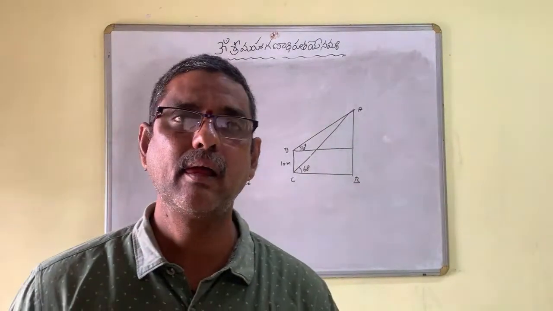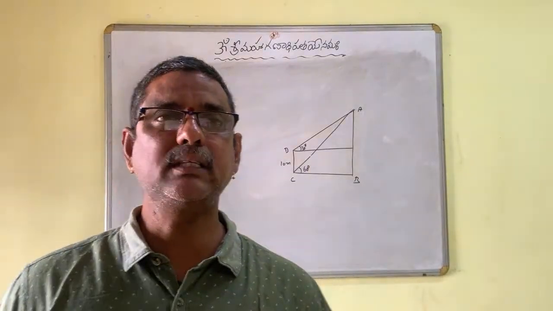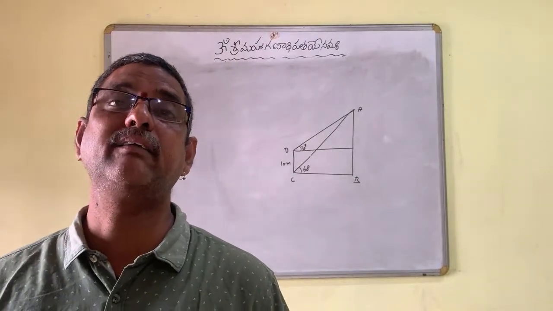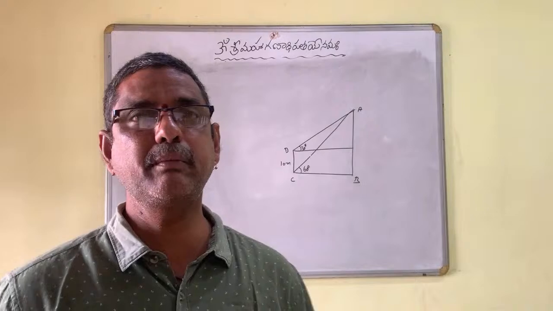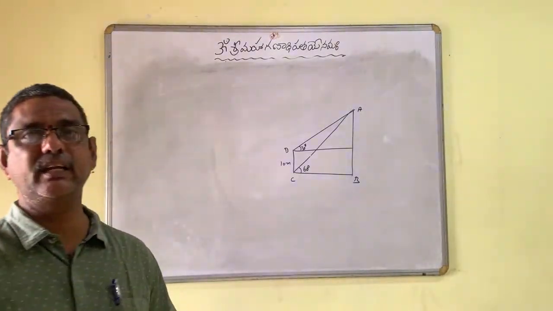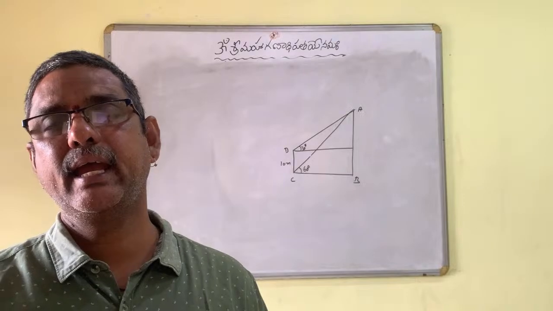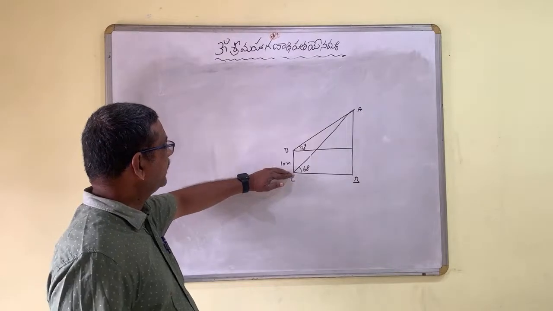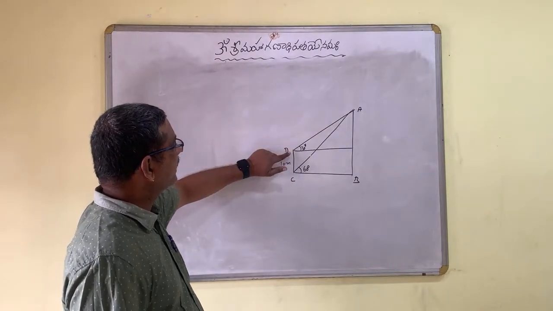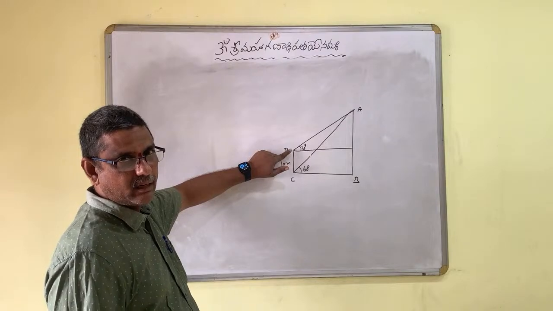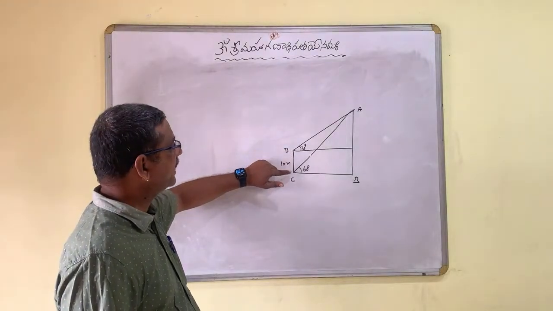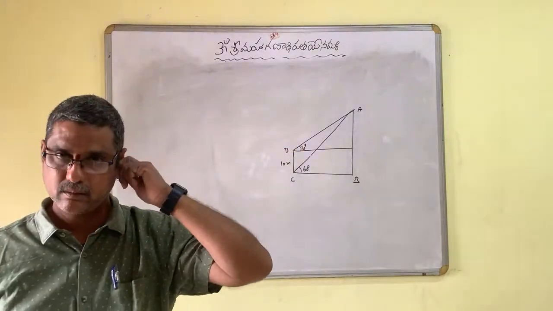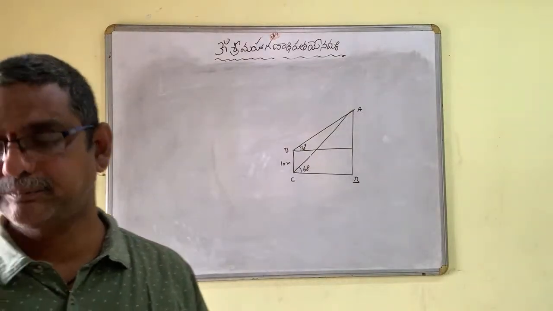Now from a point 10 meters vertically above the first point of observation C, we get D. From here, the elevation is 30 degrees. We need to find out the height of the tower. Do it fast.